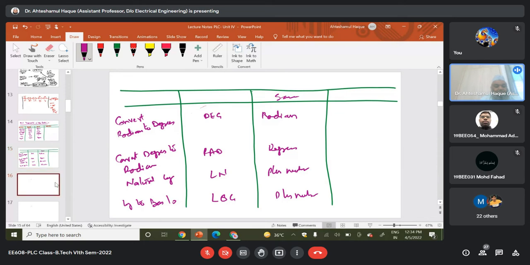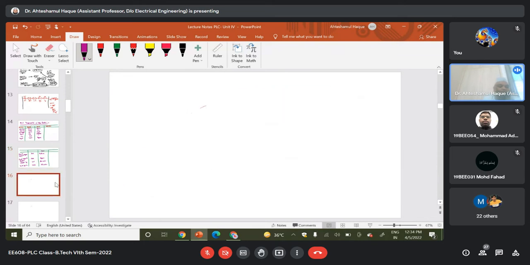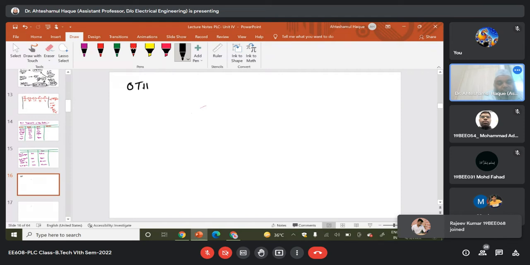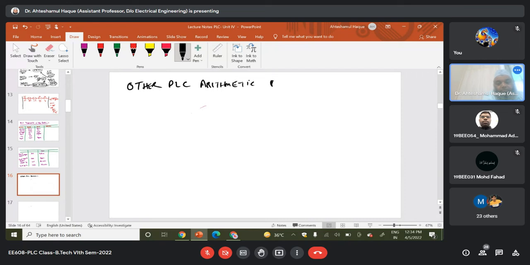Now, since we are studying this, we will write some more function like other PLC arithmetic functions. इनमें क्या symbol होता है that we will write. So other PLC arithmetic function.